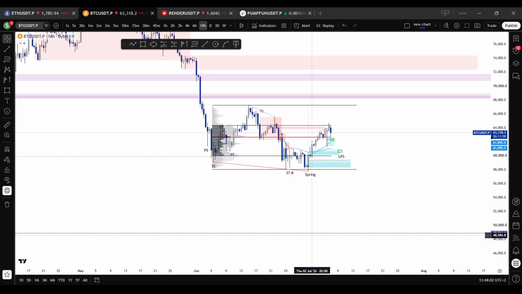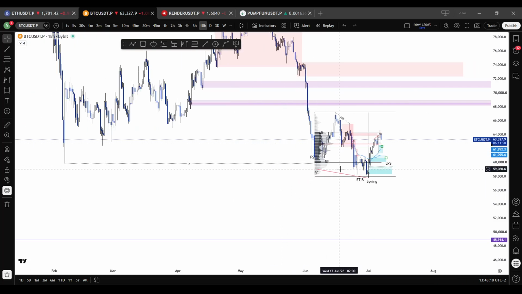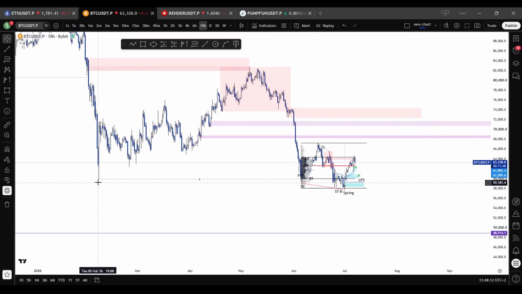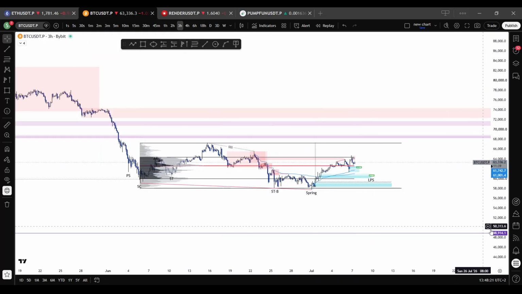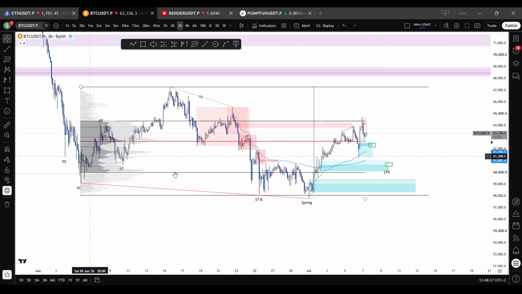So first of all, I'm going to talk about the current price action, and then I'm going to talk about the higher time frame one. As we all know, we have deviated our 59K low and since then have been ranging, or more, accumulating in a really clean Wyckoff accumulation model with our PS, SC, SCP, Spring, all the characteristics for a Wyckoff model are given.